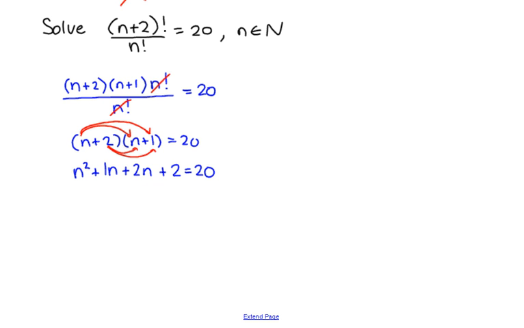Okay, what can we do on the left side? Collect like terms. So 1n plus 2n, and the like terms are always in the middle.